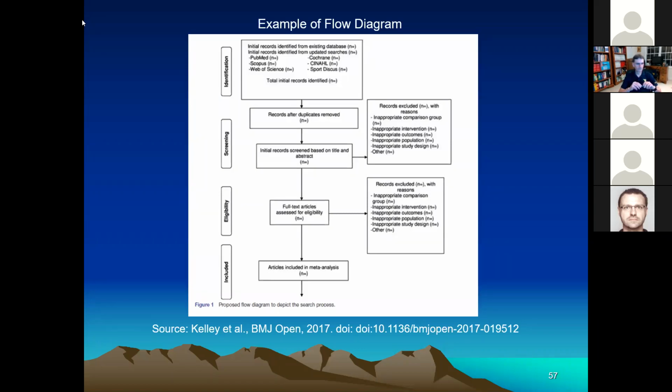Es muy normal que haya algún tipo de desacuerdo y bueno, entonces ellos discuten para tratar de llegar a un consenso acerca de cuáles estudios se incluyen y cuáles se excluyen. Cuando no logran obtener un consenso, entonces consultan con una tercera persona, que sería en este caso, por ejemplo, el doctor Pate o algunas otras personas que ellos consideren.